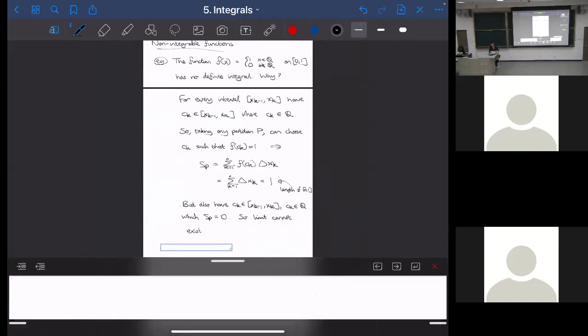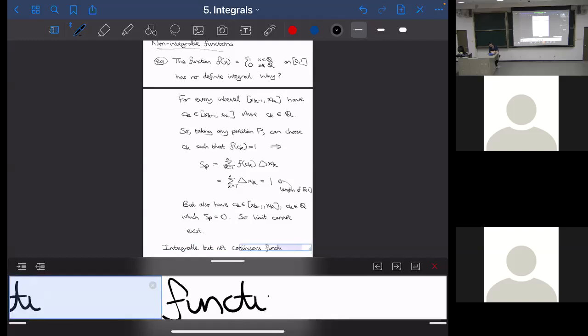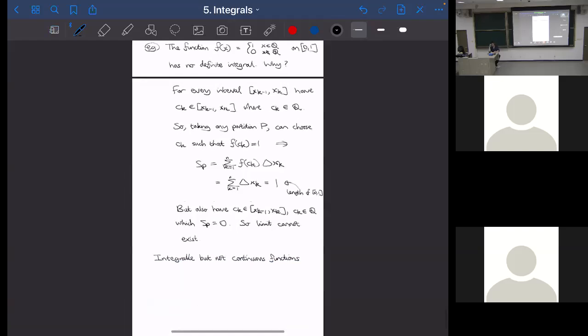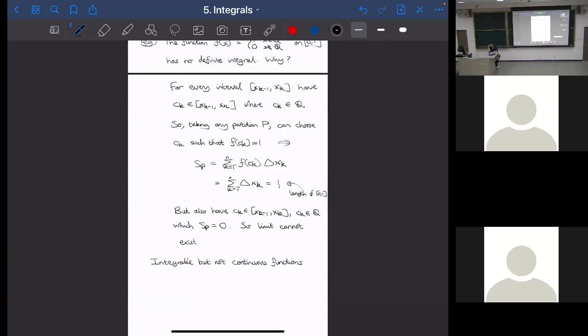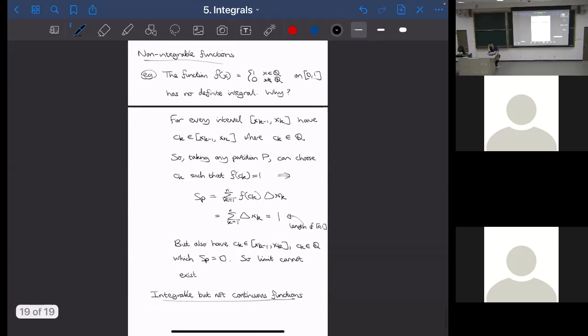But also, we can have integrable but not continuous functions. Actually, let me save that until I've given a simple example of an integral.